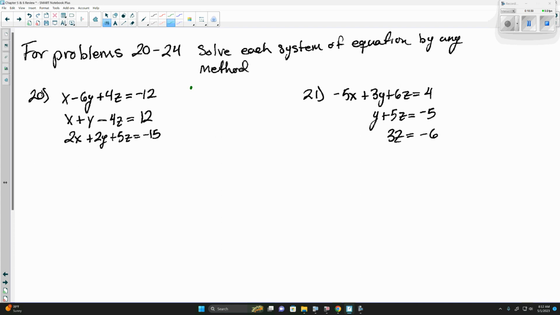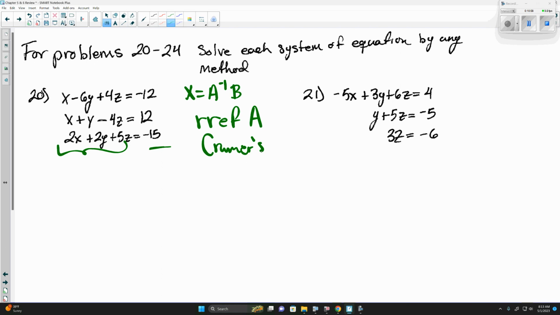So we can do the inverse method, where A inverse is just the inverse of the matrix of this here, and B is just our matrix of what it's equal to. We can do REF of our matrix, or we can use Cramer's rule, or we can solve by elimination. We can use any of these methods to solve. We just have to pick one of them.